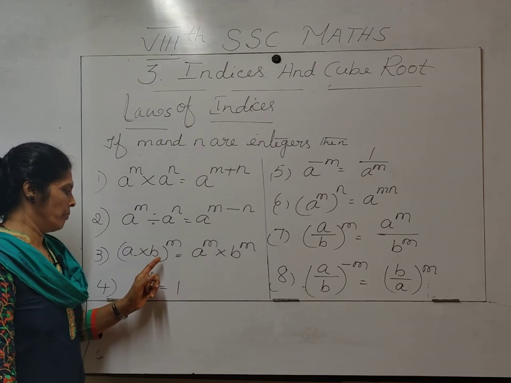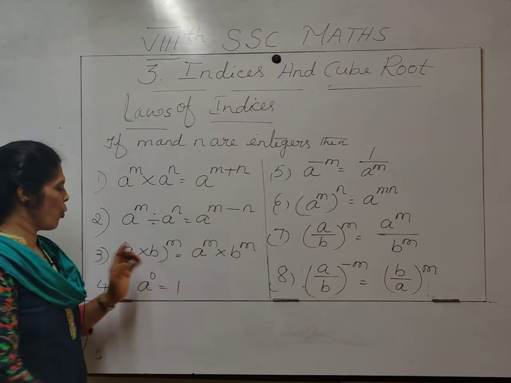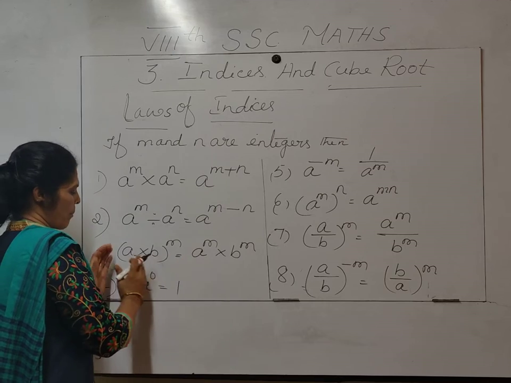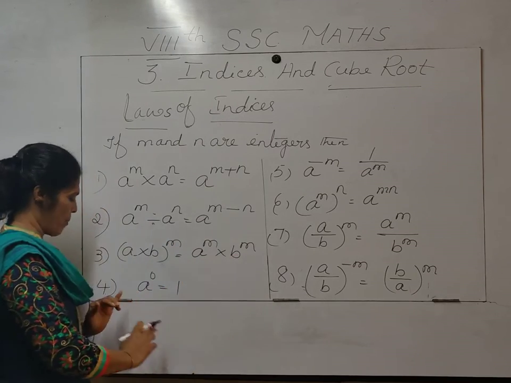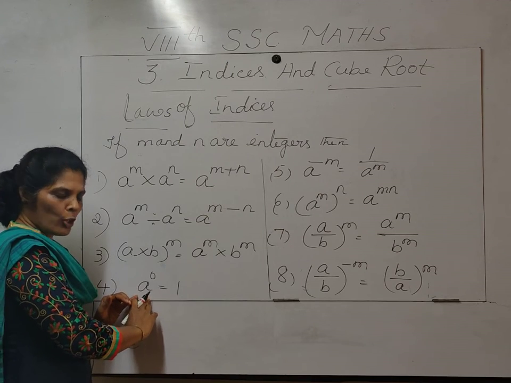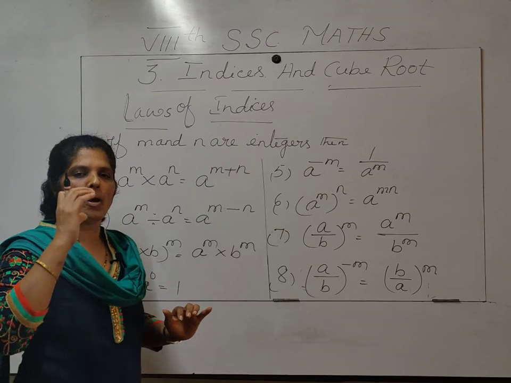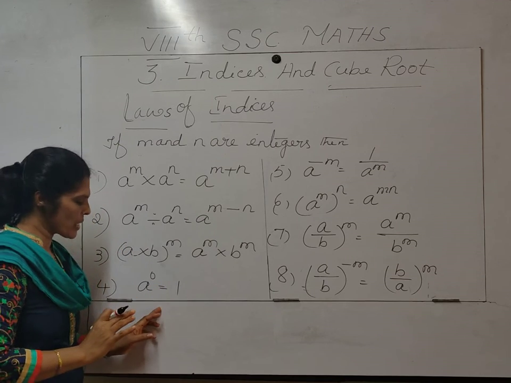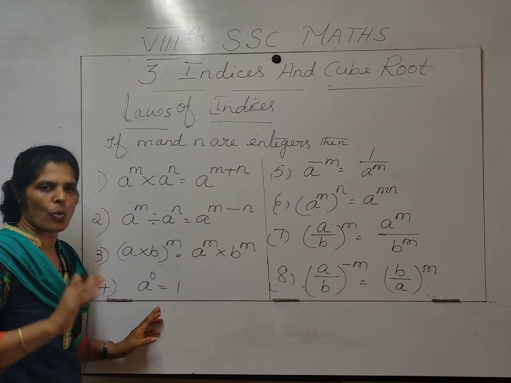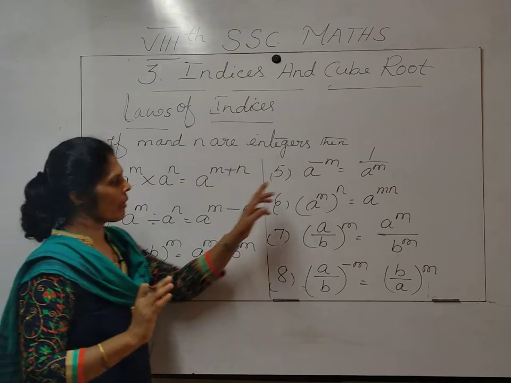Third, a into b to the power m whole power m means write separately, a to the power m into b to the power m. Fourth one, a to the power 0, the power of any number being 0 means the answer will be 1. Suppose the example given is 5 to the power 0, answer 1.